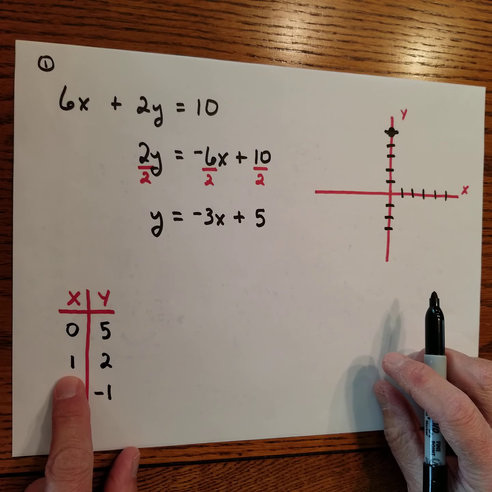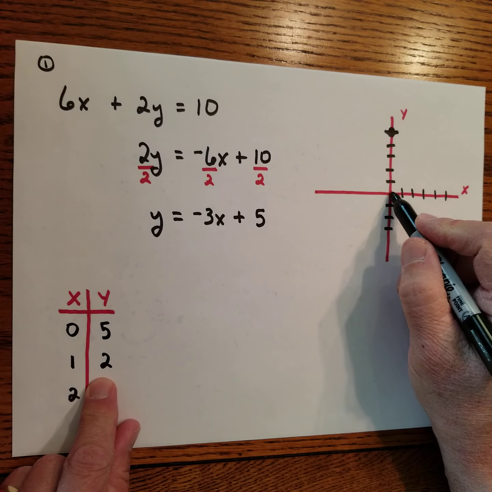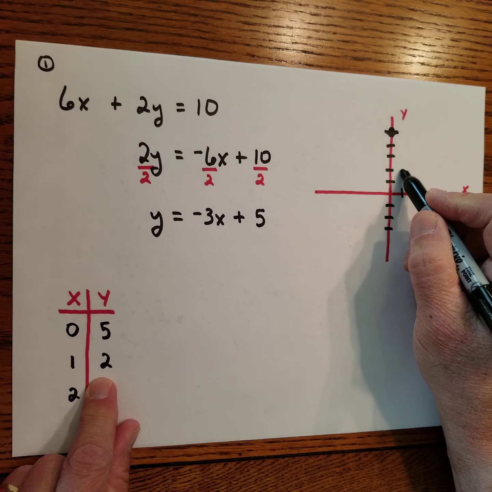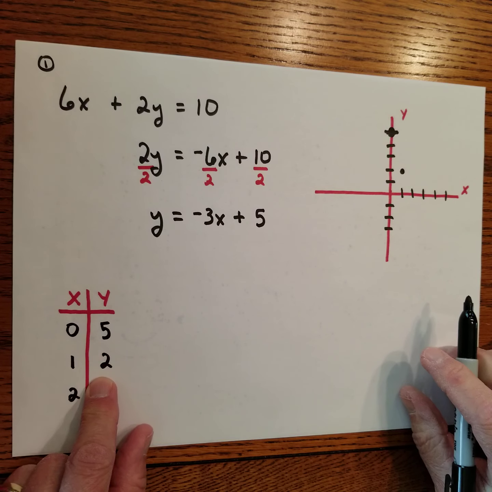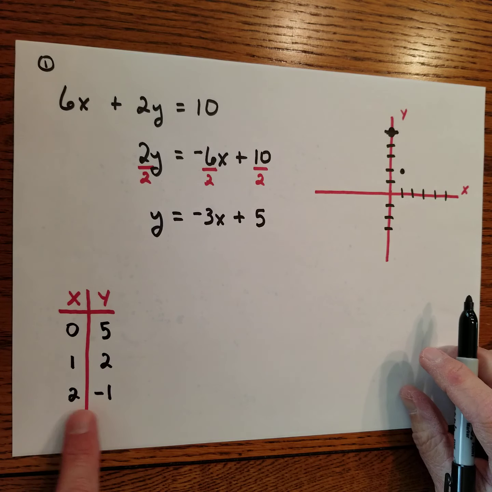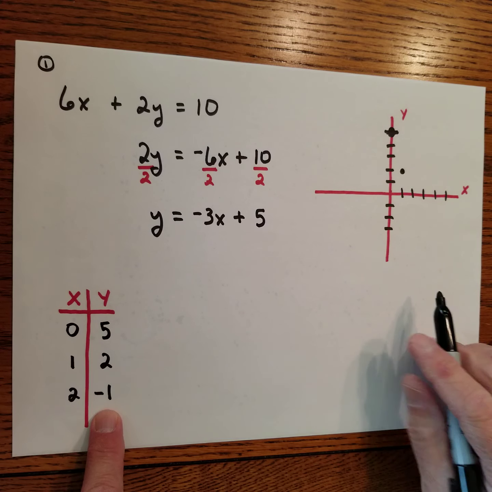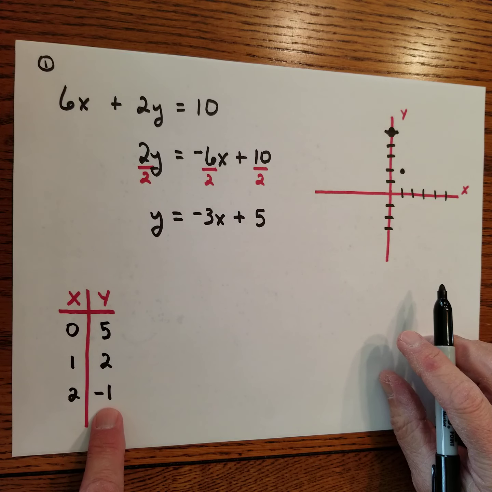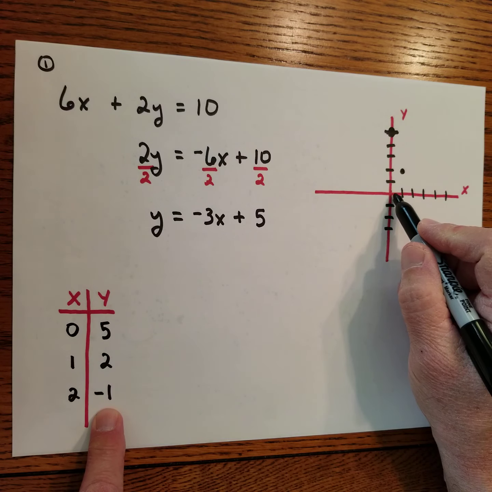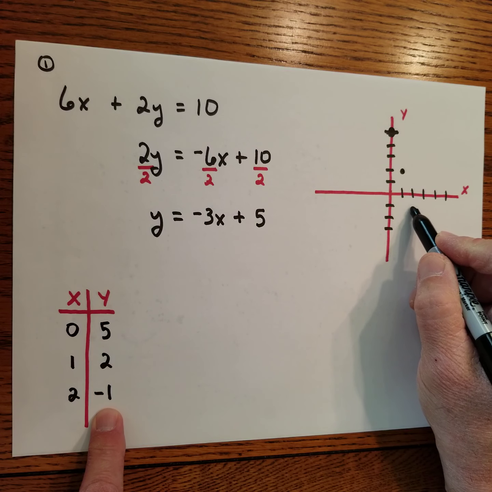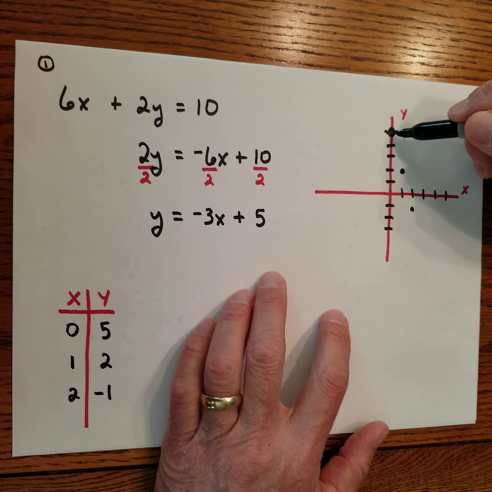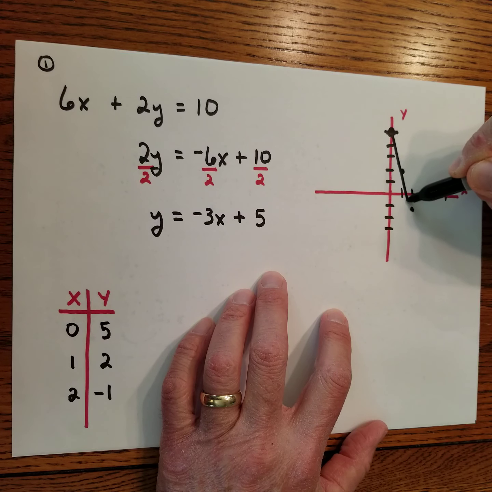That's 1 to the right and 2 up. When x is 2, y is negative 1. X is 2 to the right, y is 1 down. See how nicely those 3 points line up?